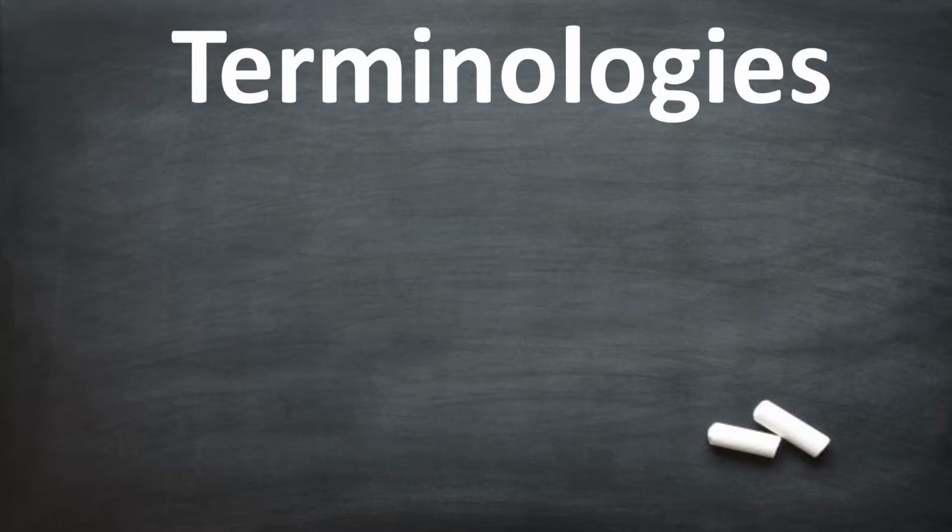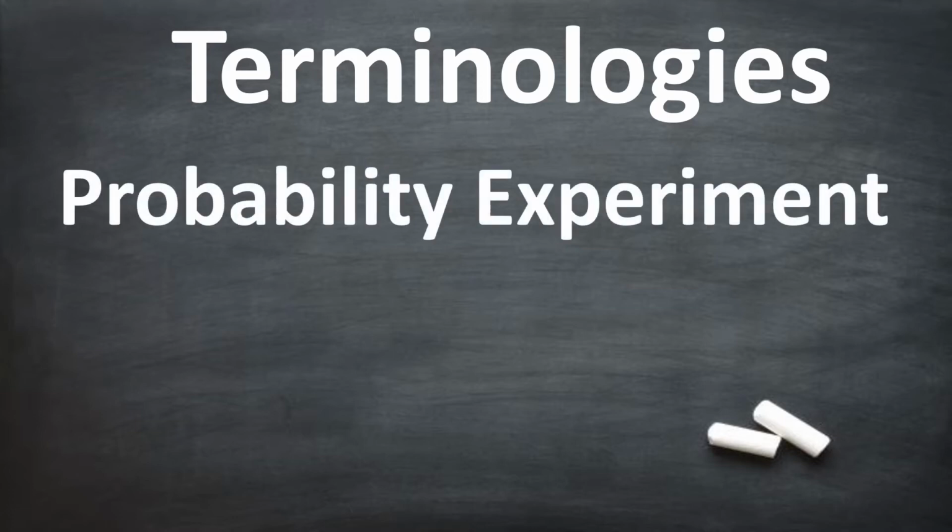Before we solve for probabilities of different events, let us first define some terminologies that we will use under probability. The first one is probability experiment, or experiment alone.